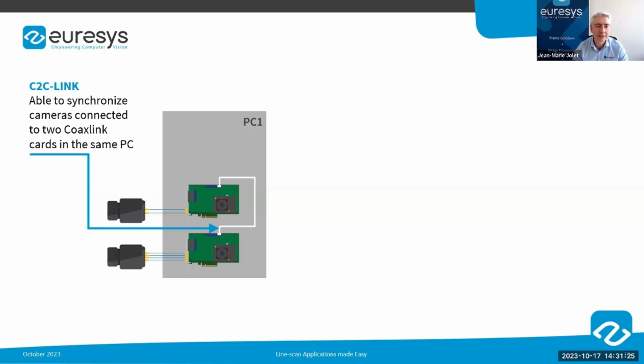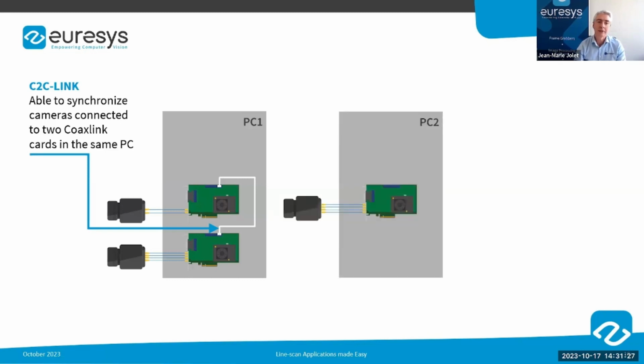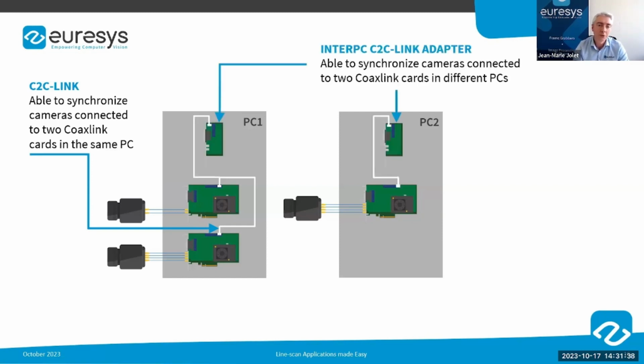Now, if we need to add a third camera to the system, but in this case the camera is connected to a frame grabber plugged in a different PC, the first thing we have to do is connect each frame grabber to an inter-PC C2C link adapter in each PC, and then connect both inter-PC C2C link adapters with a standard Ethernet cable.